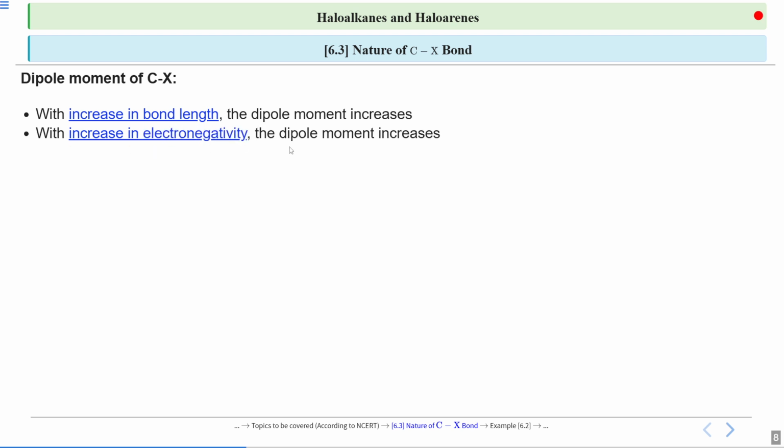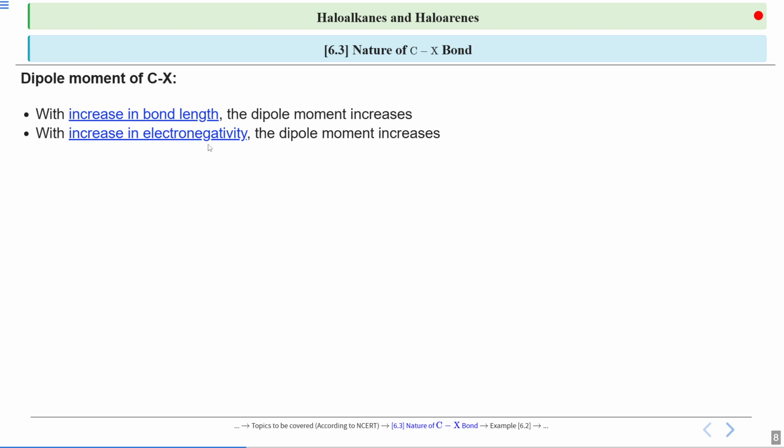With increase in electronegativity, the dipole moment increases. Similarly, if you take the factor of electronegativity, which means the ability of an atom to attract the bonded electrons towards itself more strongly, then for the bond between carbon and halogen, if the electronegativity of the halogen is increasing, the dipole moment of that bond will also increase. Okay, why is it so?